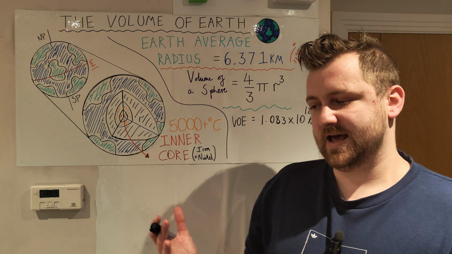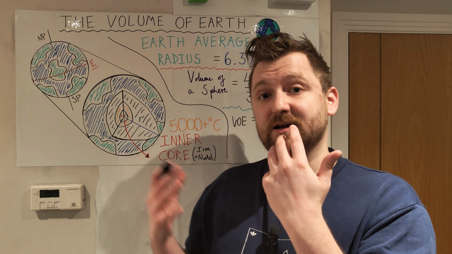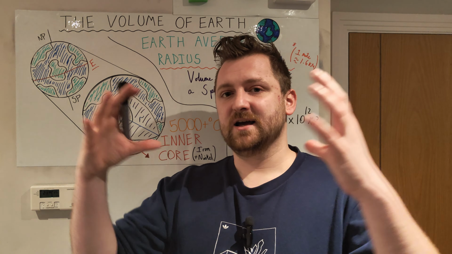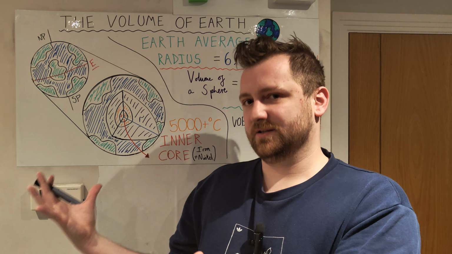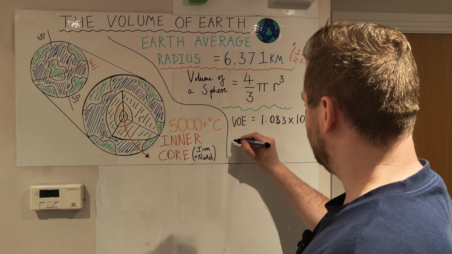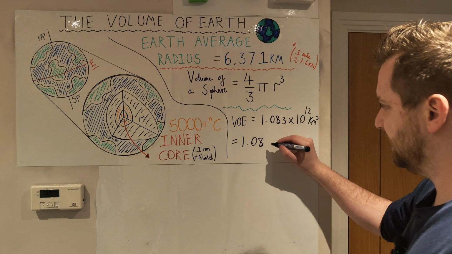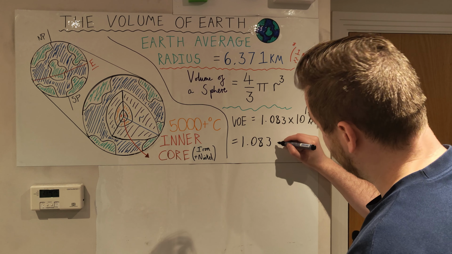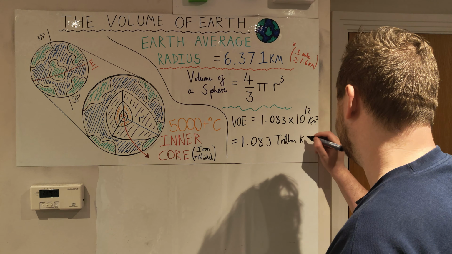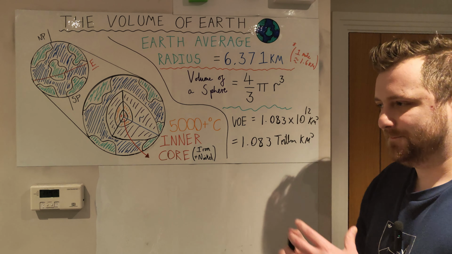And now you have to imagine that not only do you have a million of them, you need to times that by another 1,000, so you've got a billion of them, and you times it by another 1,000, so you've got a trillion of these big kilometer cubes. And we actually have slightly more than a trillion because it's 1.083. So this will actually also be equal to, same thing, just written slightly differently, 1.083 trillion kilometers cubed.